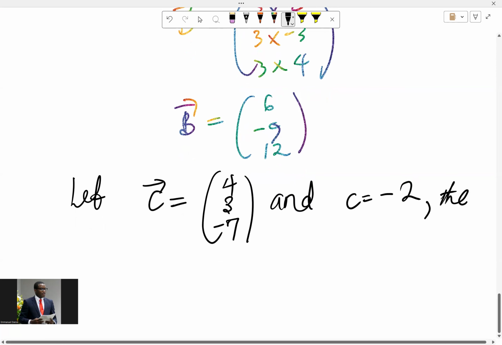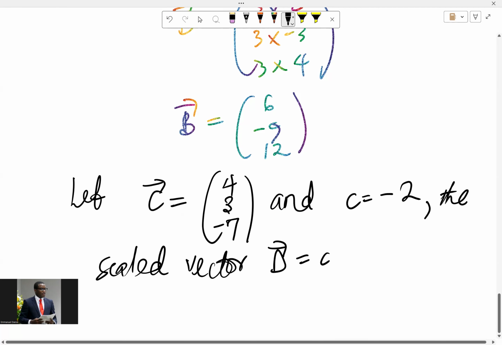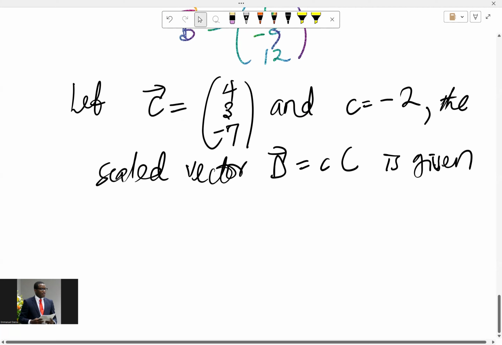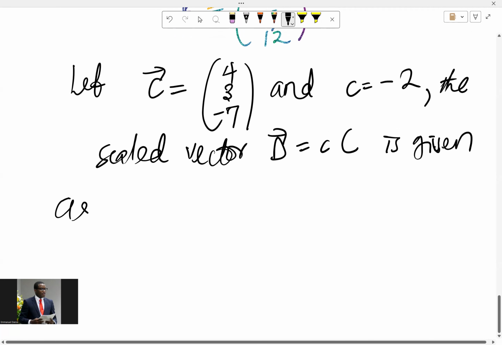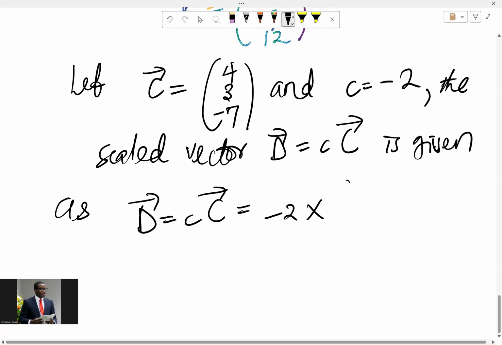The scaled vector D, which is cC, is given as D equals small c times big C, and that is equal to minus 2 times 4, 3, minus 7.